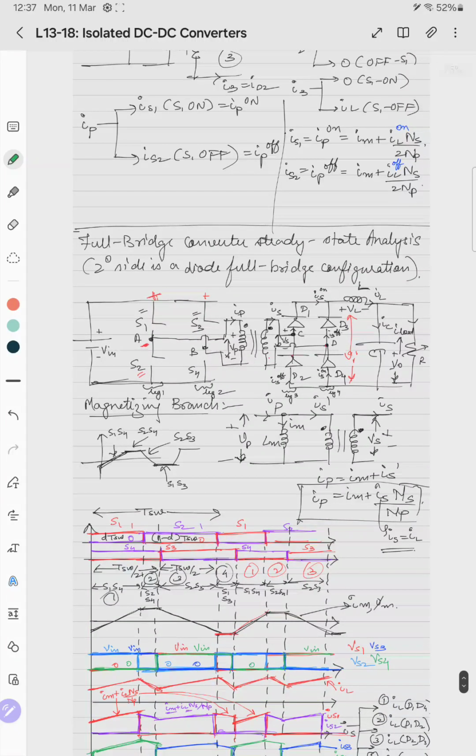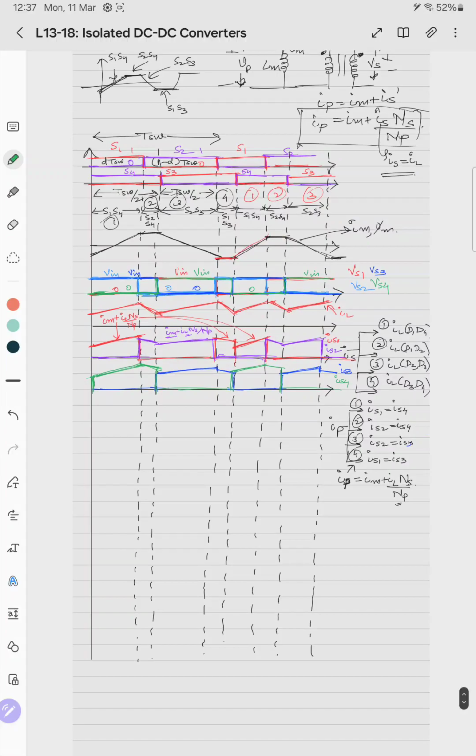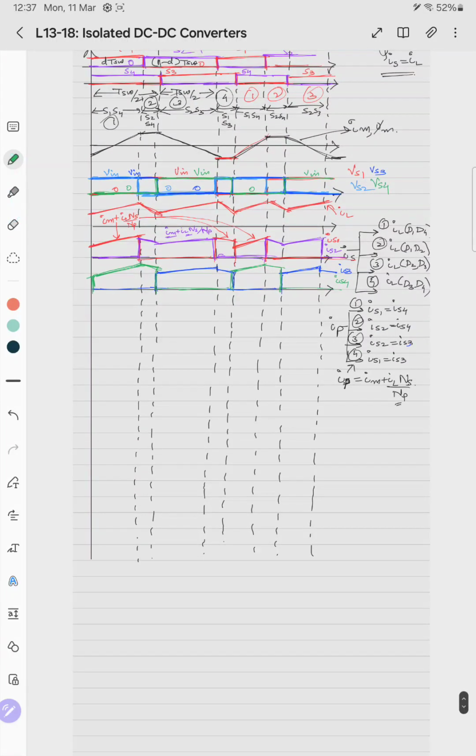In primary side, we'll see if anything is remaining or not. Im is drawn, Vp is drawn. We'll draw Vp, Vs also. Or we can directly write here. I think you can understand it. So Vp will be for case 1, case 2, case 3, case 4.